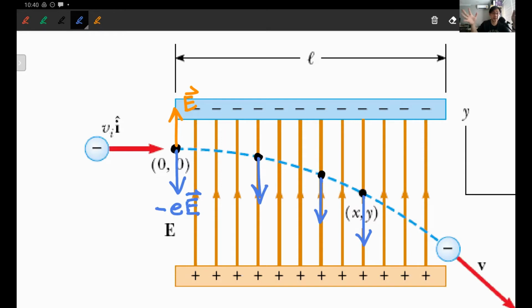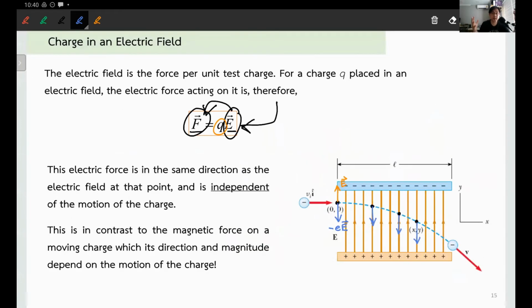It will be the same scenario as when you throw a ball horizontally through the gravitational field. You're going to get a projectile motion. Same thing. So once again, just to confirm the similarity between electric fields and gravitational fields and the behavior of the particle that moves around in them.